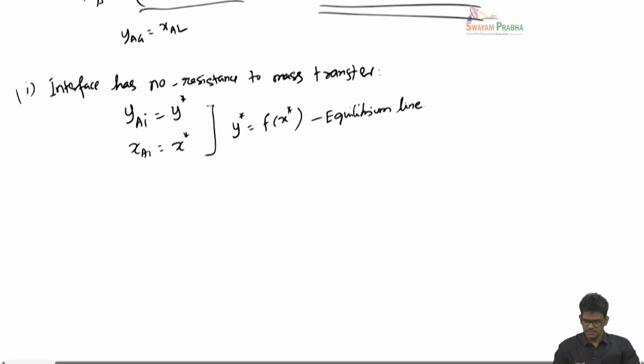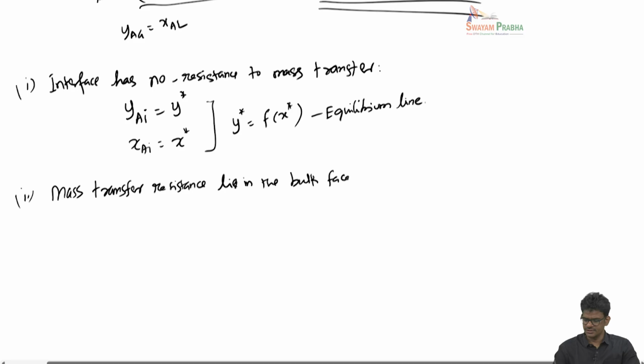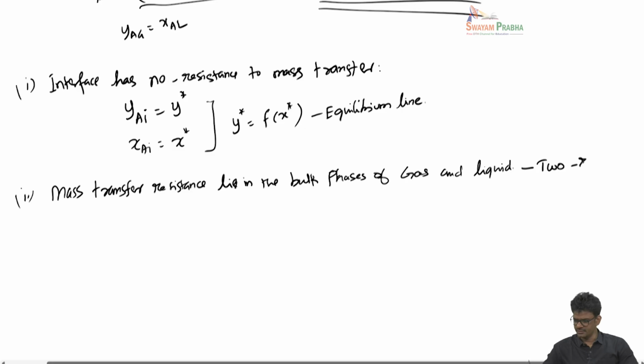And the mass transfer resistance lies in the bulk phases of gas and liquid. And this is something we call the two resistance theory.